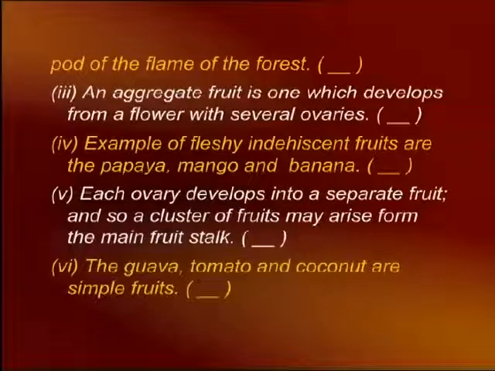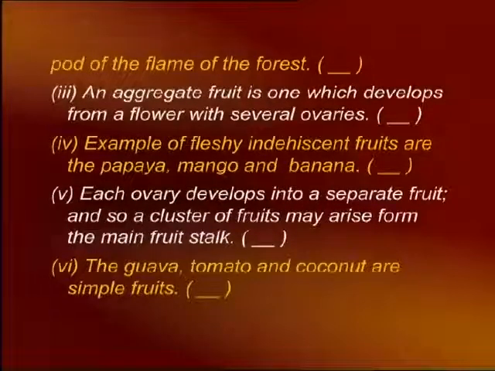The third one is, an aggregate fruit is one which develops from a flower with several ovaries. Number 4 is, example of fleshy indehiscent fruits are the papaya, mango, and banana. Number 5, each ovary develops into a separate fruit, and so a cluster of fruits may arise from the main fruit stalk.